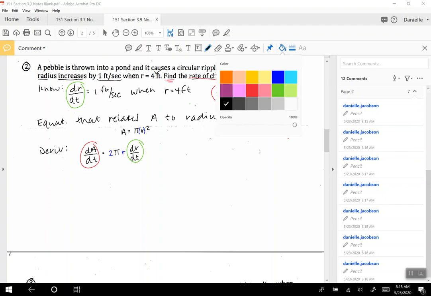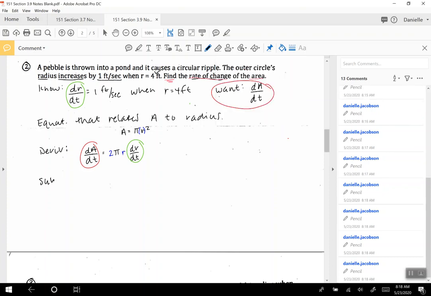All right, so from this point, I'm going to go through and substitute in the given info. I know that dr dt is 1 foot per second, and I know that r was 4 feet, so I'm going to plug both of those in.